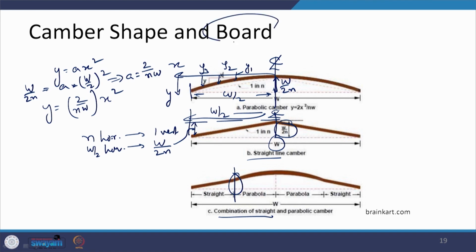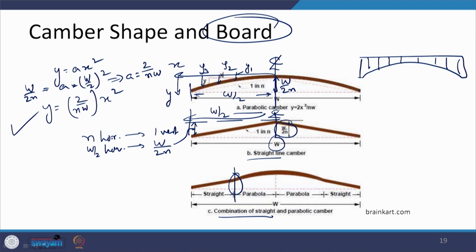Now, one another thing which is being written is the camber board, what exactly it is. Now, this camber board is nothing but a system like this. So, this is a wooden board, and this wooden board has been designed on the basis of this equation y is equal to a x square.